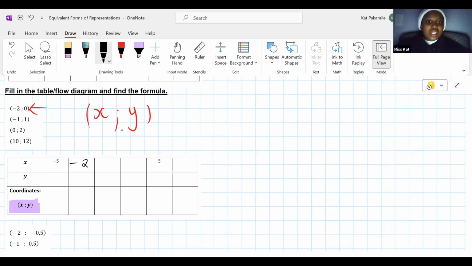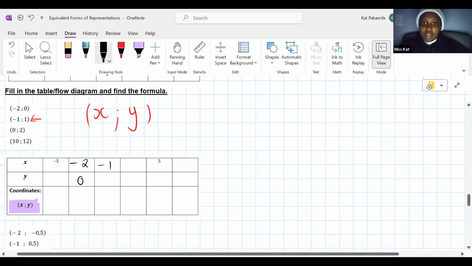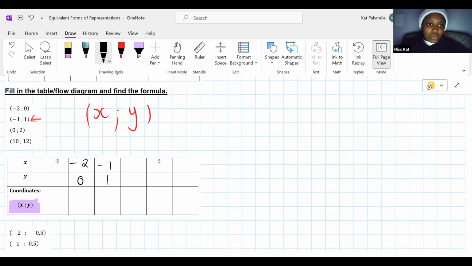So basically we're just learning how to represent them differently. For the next one, which one is X? -1, and therefore my Y has to be 1. Beautiful.